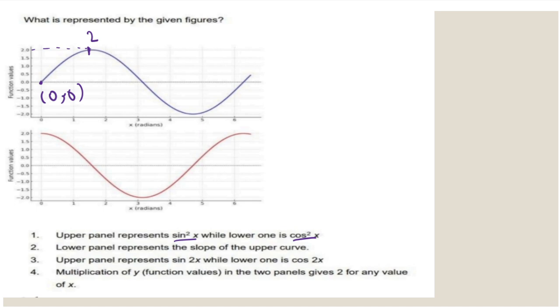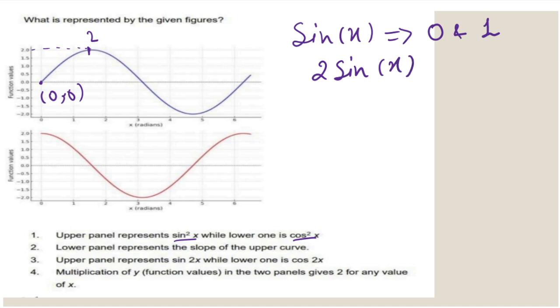As you know, a standard sin x starts at 0 and peaks at 1, but here it is not 1, it is 2, twice of 1. So we can say this graph represents 2 sin x, correct.